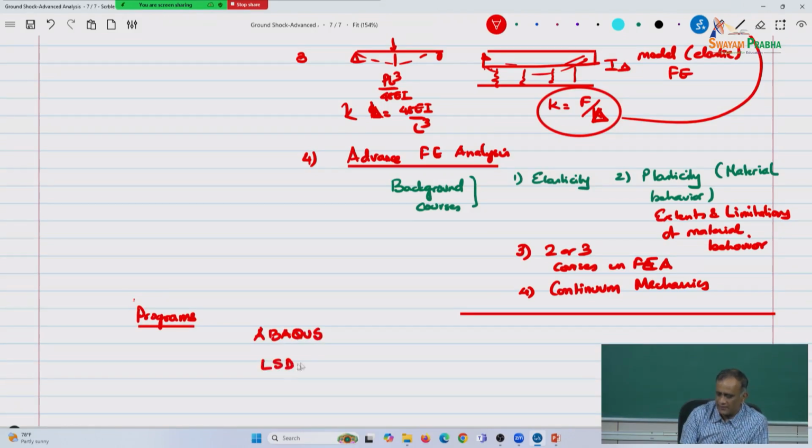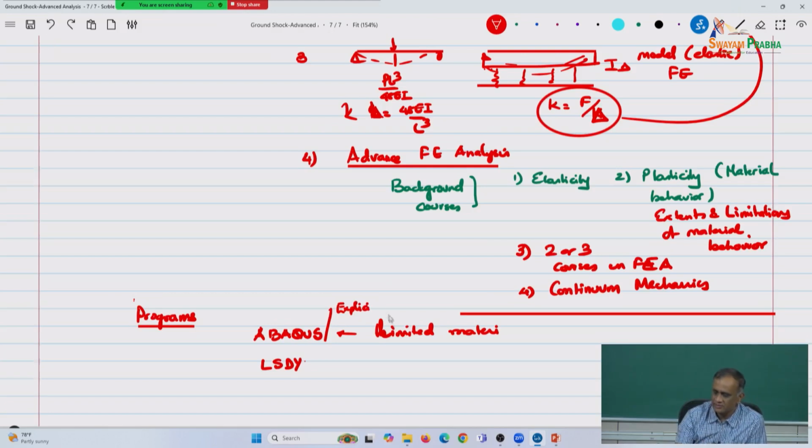I've used Abaqus too. Abaqus has limited material models, especially for concrete. Abaqus has implicit and explicit.